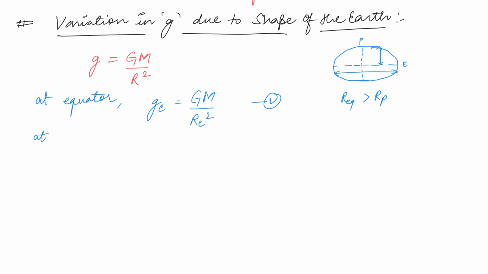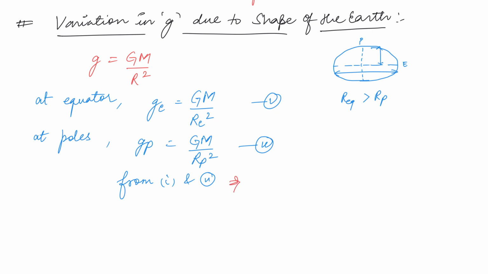Now at the poles it will be g_P equals capital GM upon R_P square. Give this equation 2. Now from first and second, if we take the ratio g_E upon g_P, it will be R_P square upon R_E square.